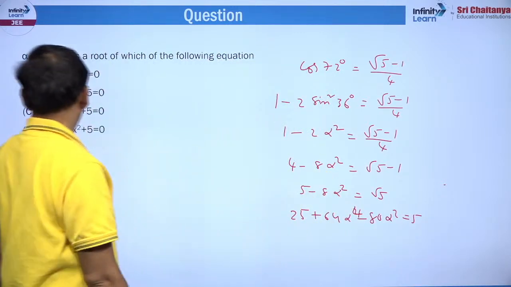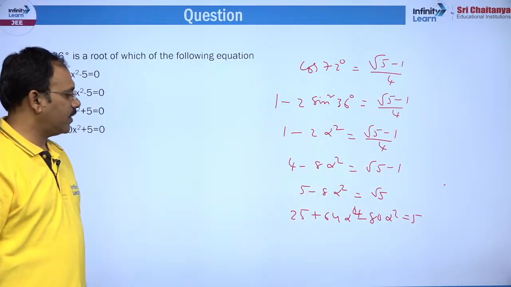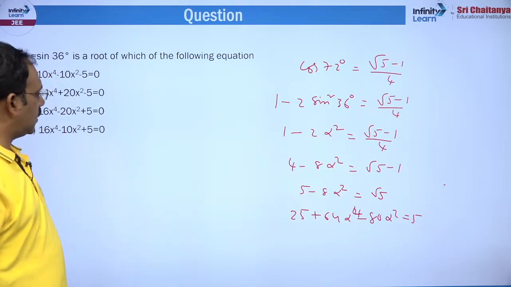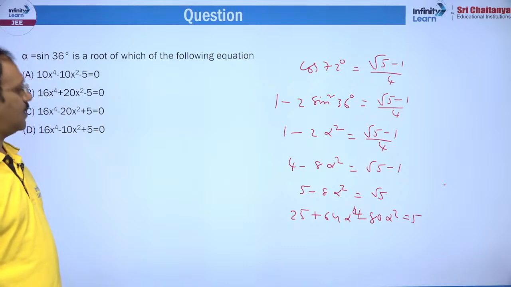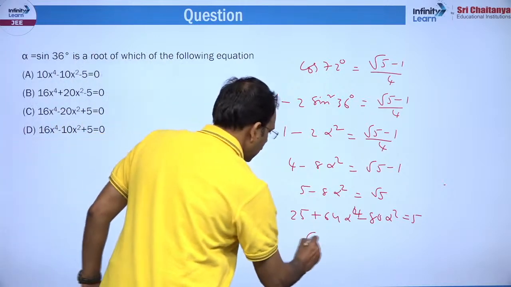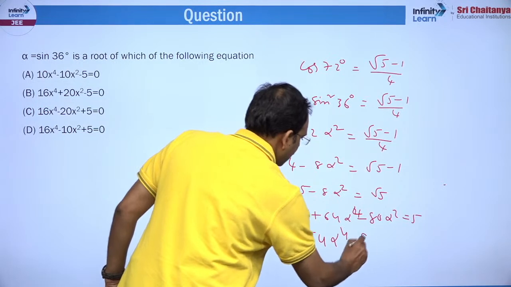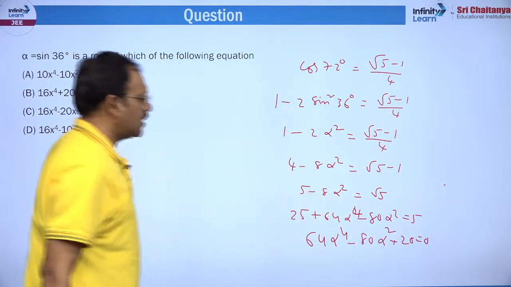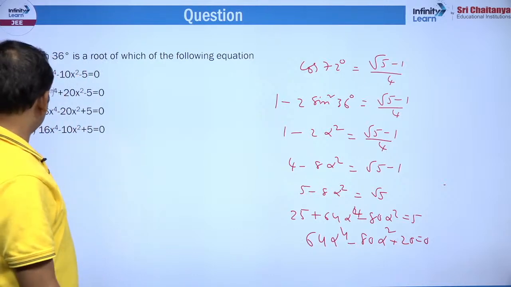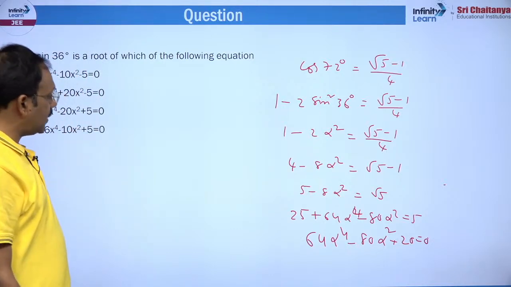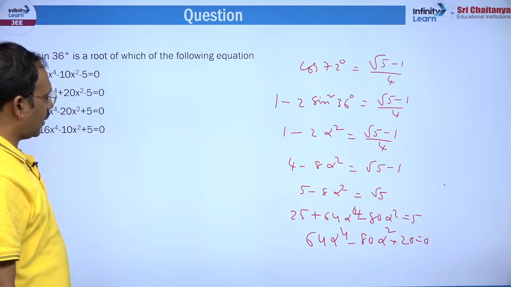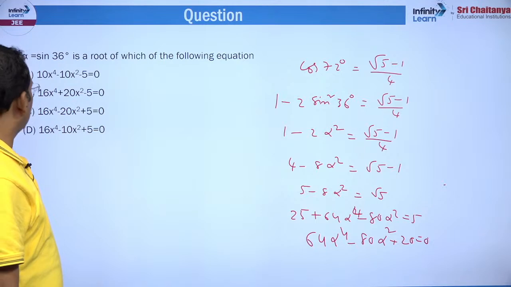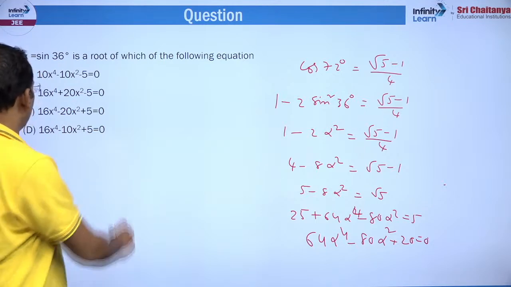Now, you simplify, my dear friends, and finally you will get the answer, because 20 you can cancel with 4. You will get 64 alpha power 4 minus 80 alpha square plus 20 is equal to 0. You just divide by 4, you will get 16 alpha power 4 minus 20 alpha square plus 5 equal to 0. That is going to be your answer.